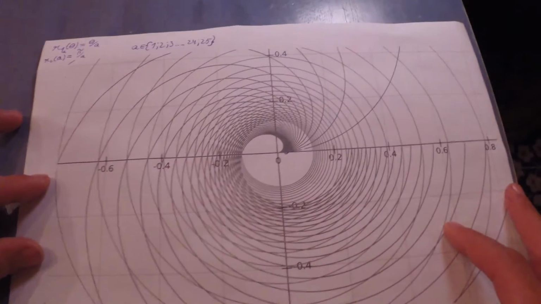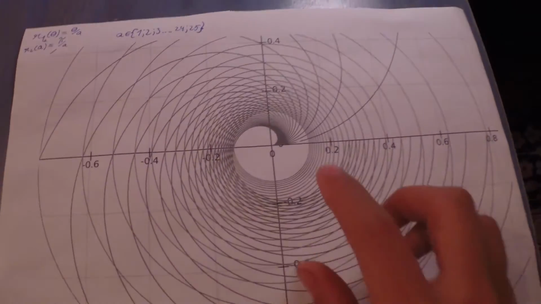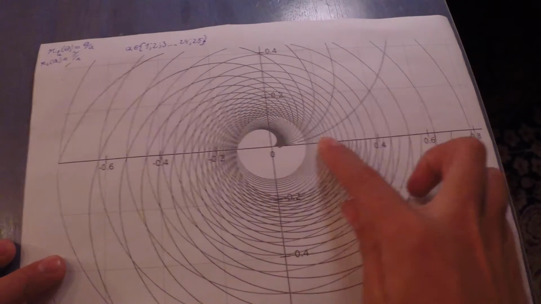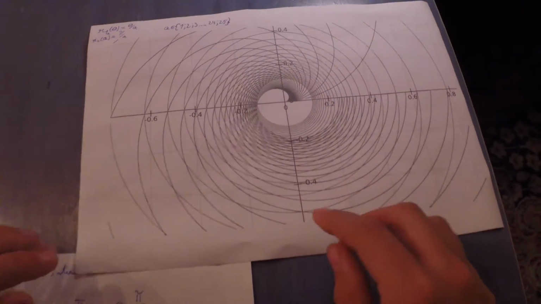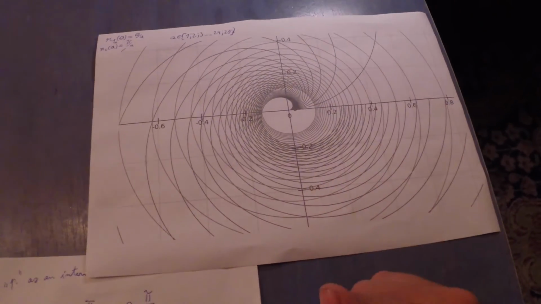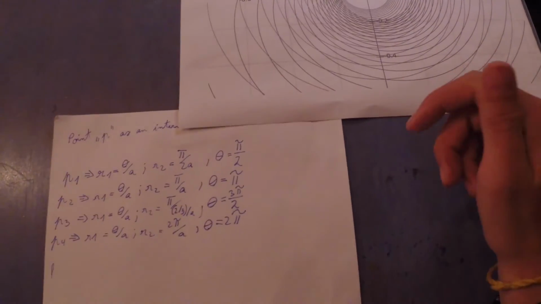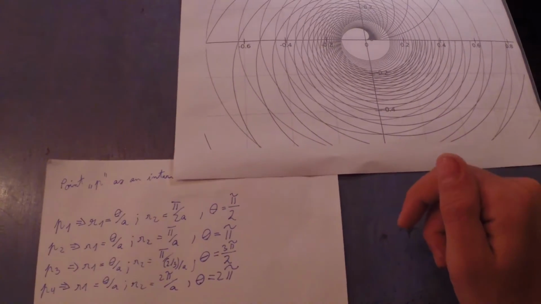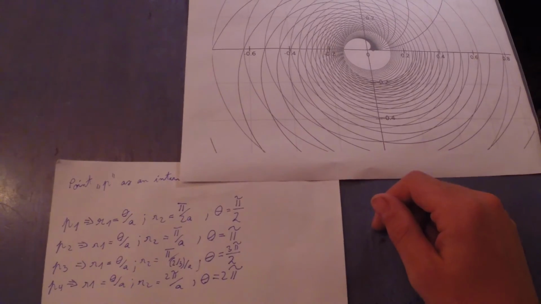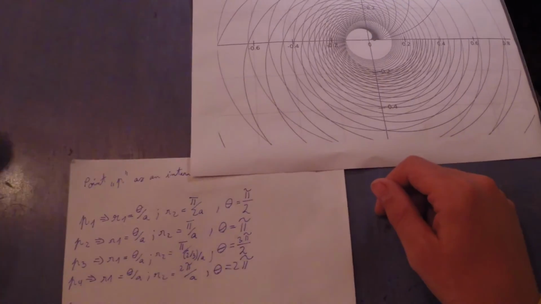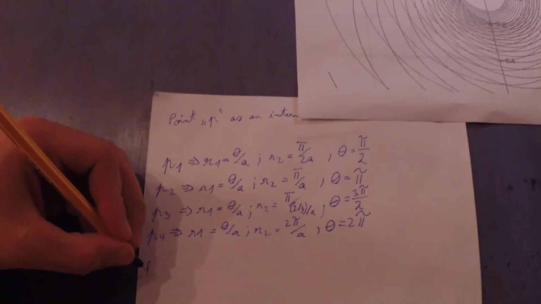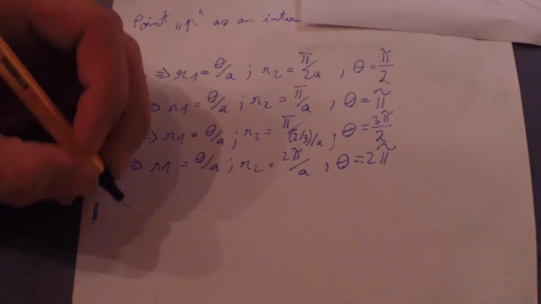Here I have my function system again. Right now I will try to satisfy this axis with my last function, theta over 25. So we're just going to equalize it.